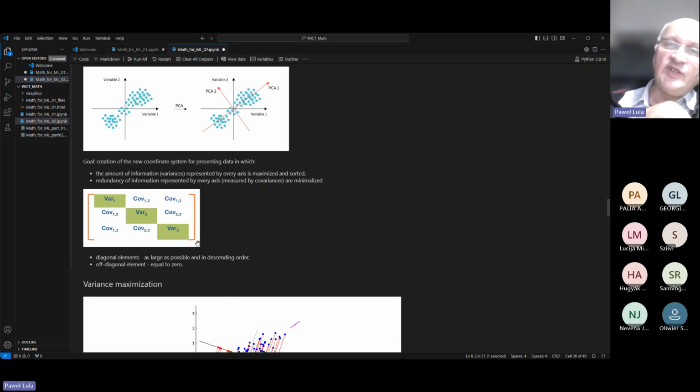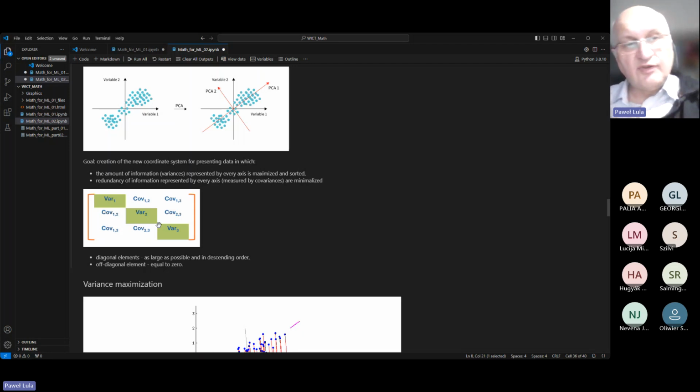So we know that this variance-covariance matrix is equal to D matrix. It means that it has values which are not equal to 0 here. They are in descending order. Therefore, I want to have eigenvalues in descending order.